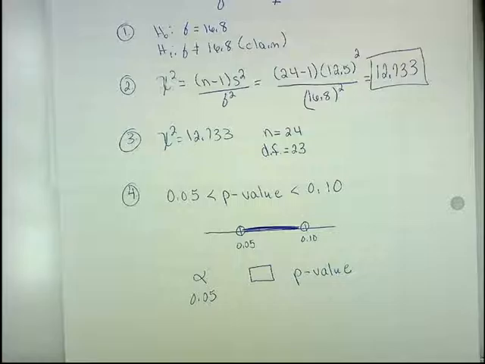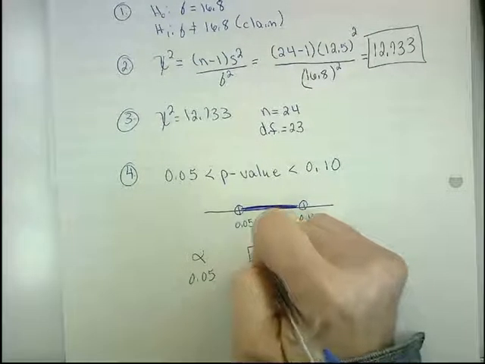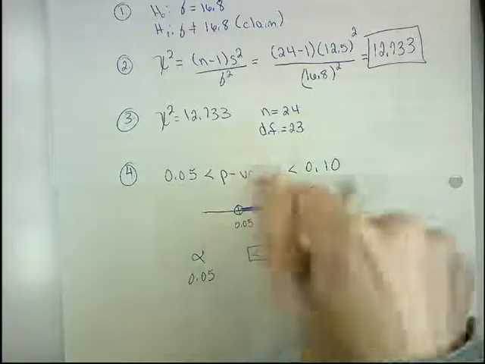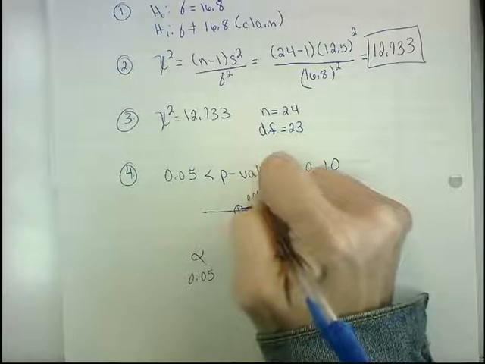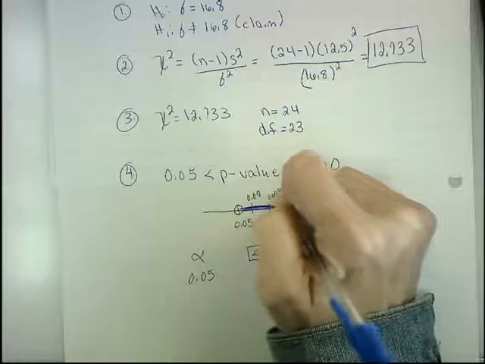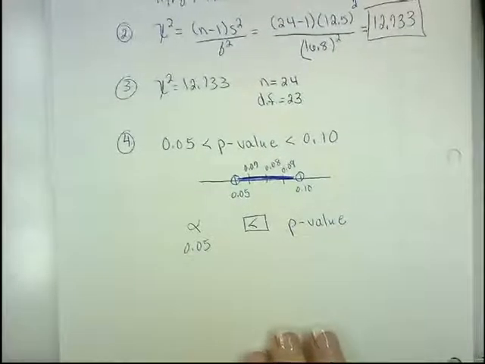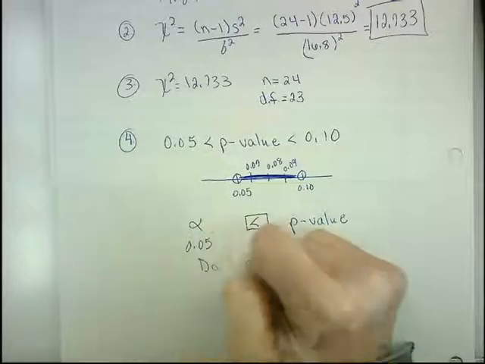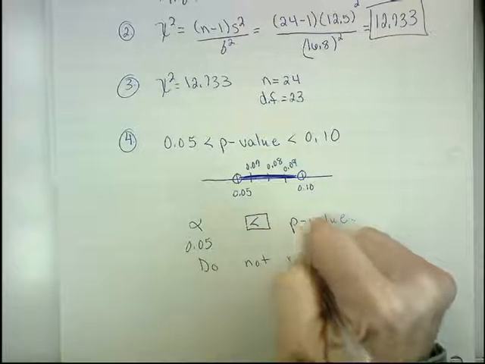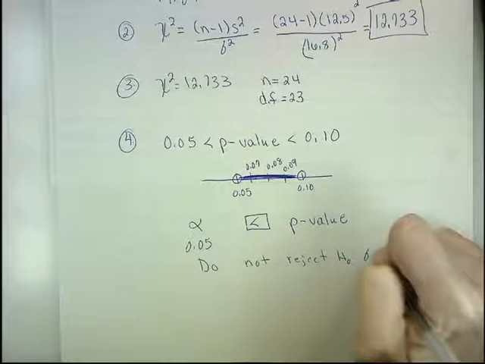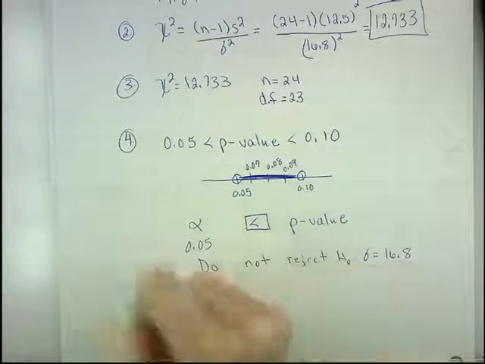Therefore, the p-value is larger and alpha is strictly less than any possible p-value here, which could be .07, .08, .09. So alpha is smaller. Therefore, do not reject the null statement that said the standard deviation was equal to 16.8.